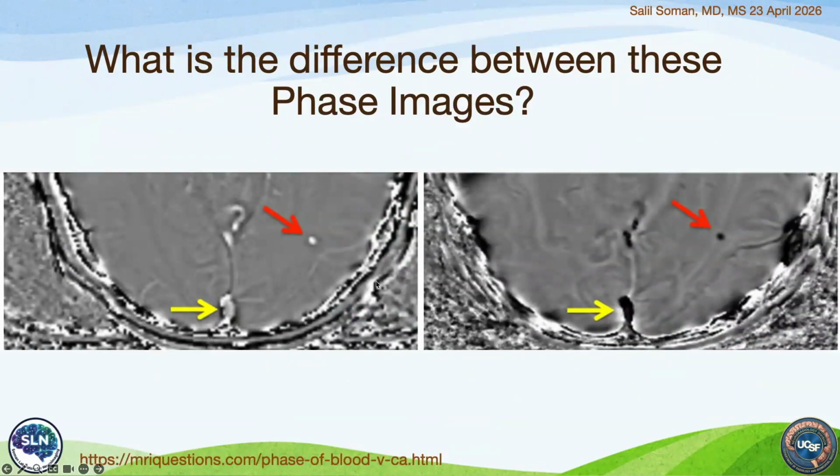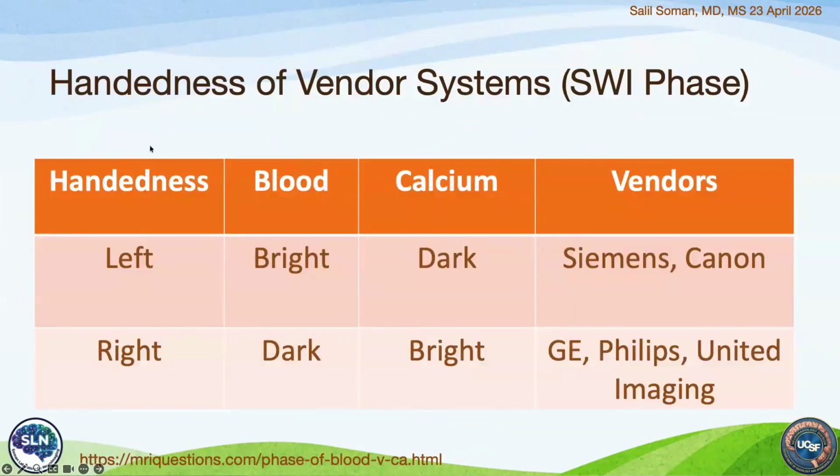The idea is that the vendors, depending on who made it, have what they call handedness. For Siemens and Canon, these left-handed systems, blood's going to be bright, calcium will be dark. For GE, Philips, United Imaging, and others, it's right-handed, so it's reversed.